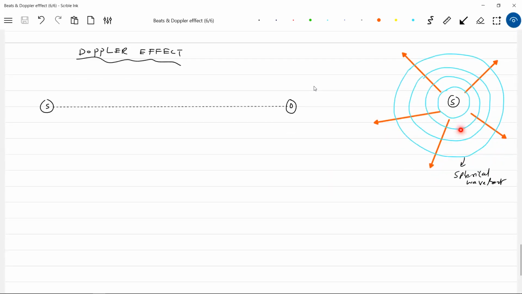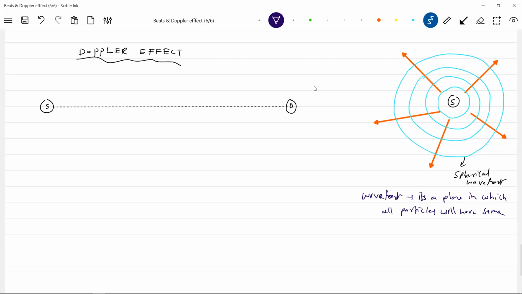Now, what do you mean by wavefront? It's a plane in which all particles have the same phase.